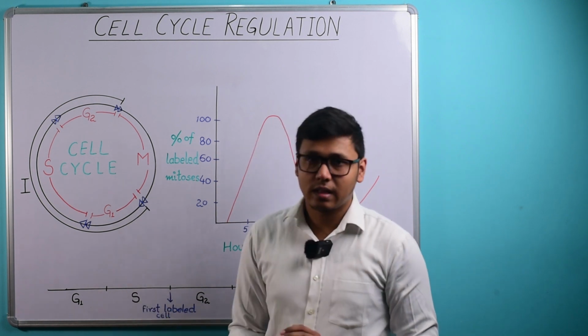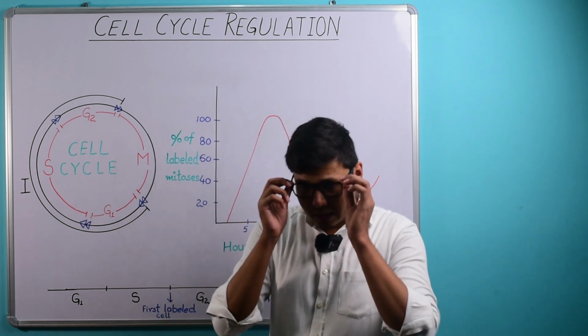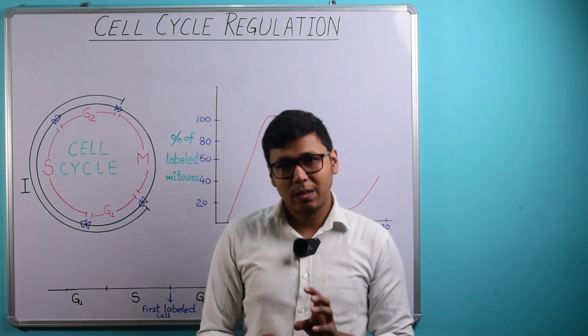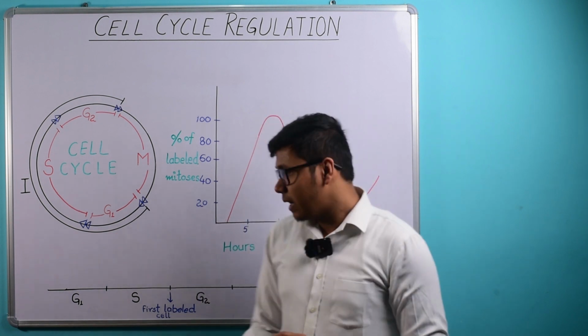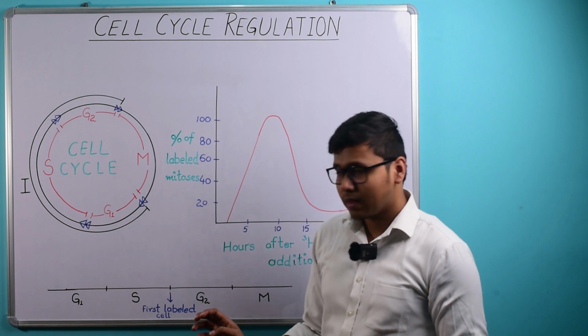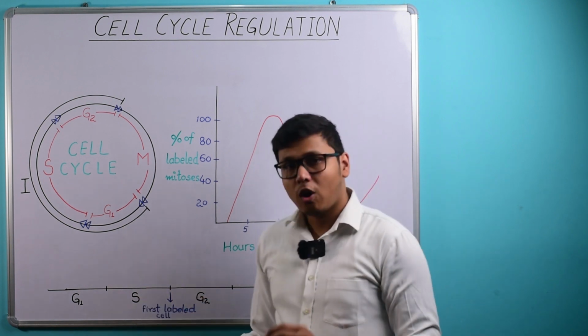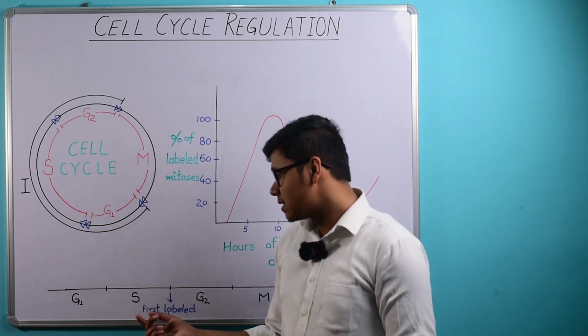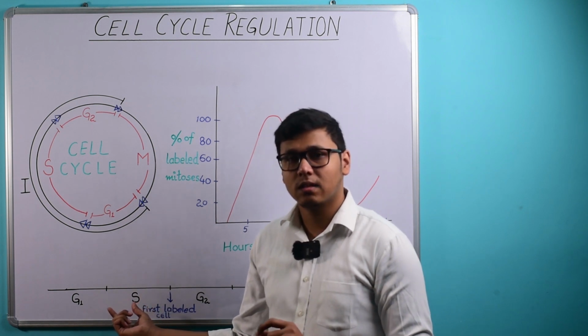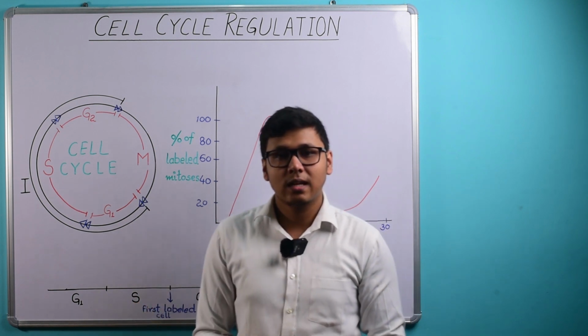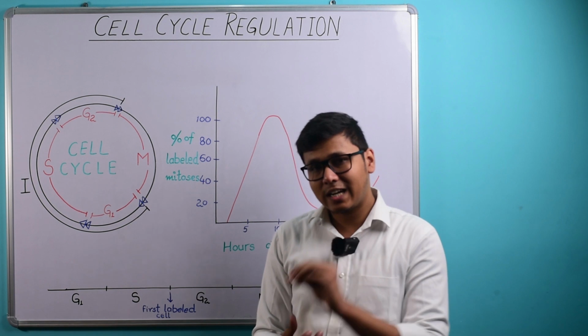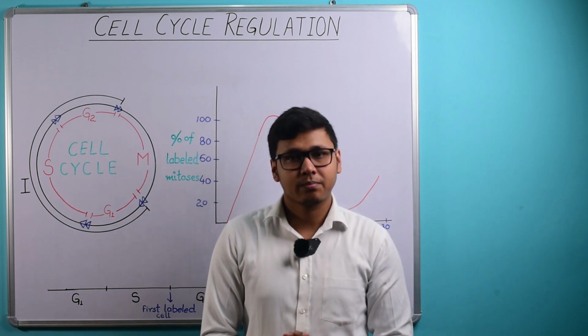Let's assume the S phase first of all. It can be calculated keeping a very basic principle in mind, that at any instance in a cell culture, the percentage of cells in any specific phase is going to represent the percentage of time of that phase in the cell cycle, right?